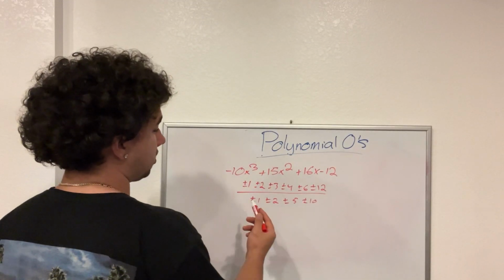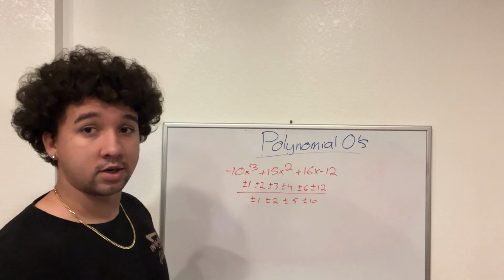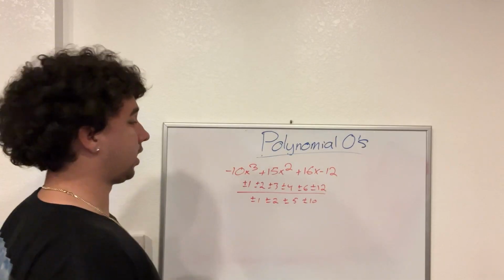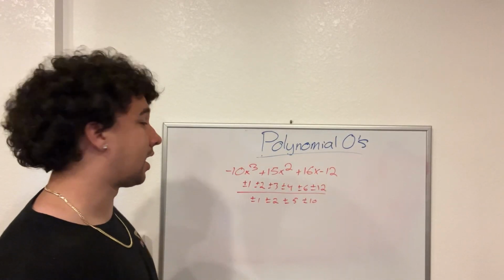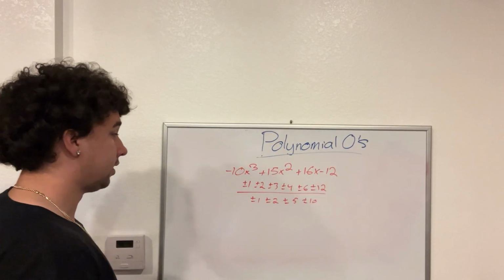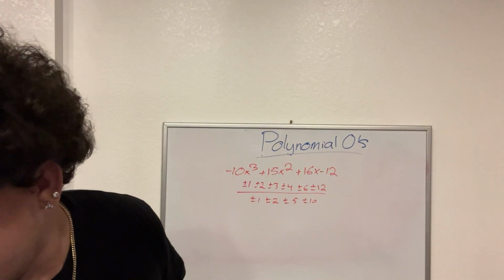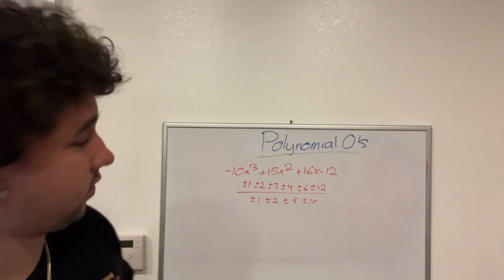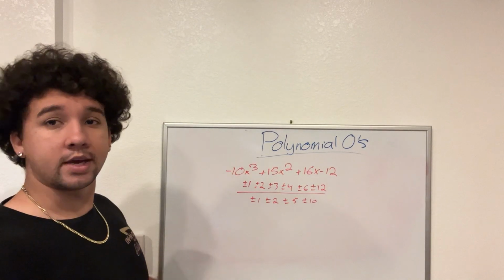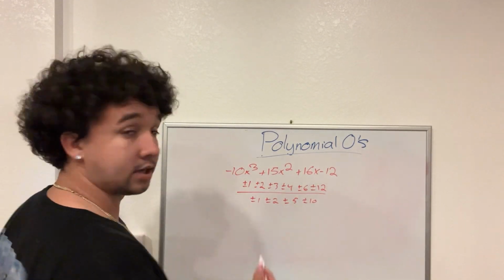Typically, I would always go through all of the whole numbers first and then work through it that way. But just for the sake of time, the answer in this case is going to be 2.